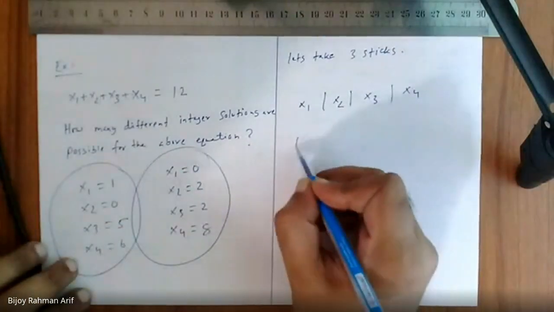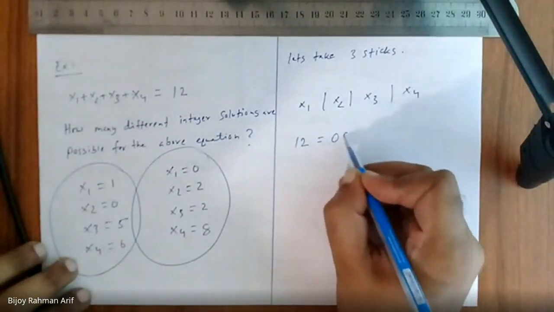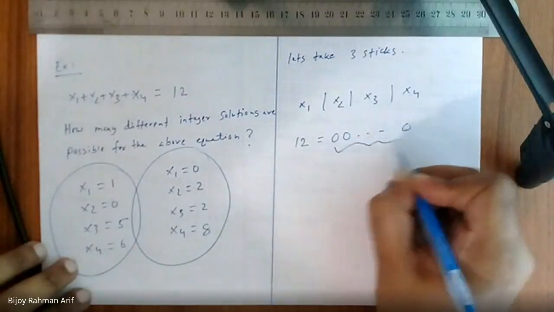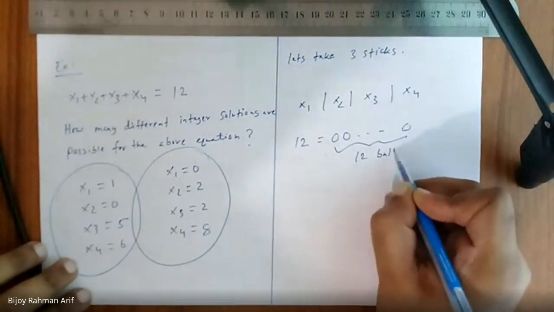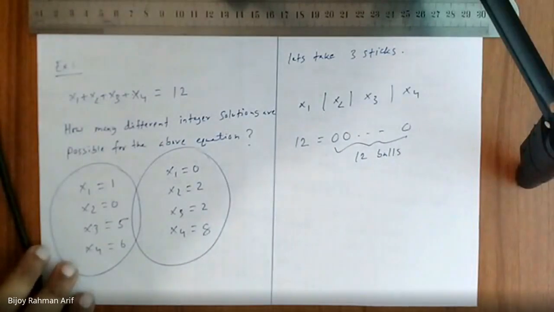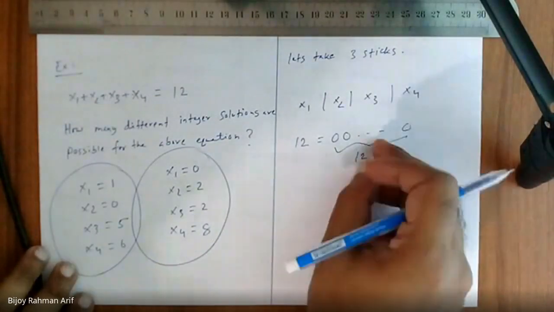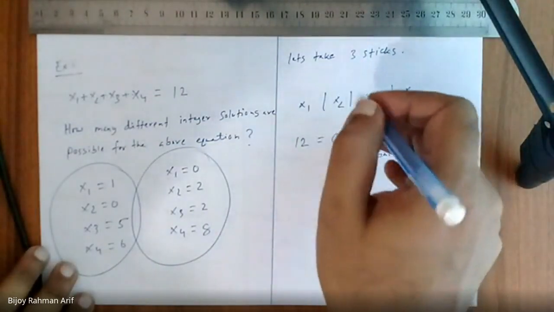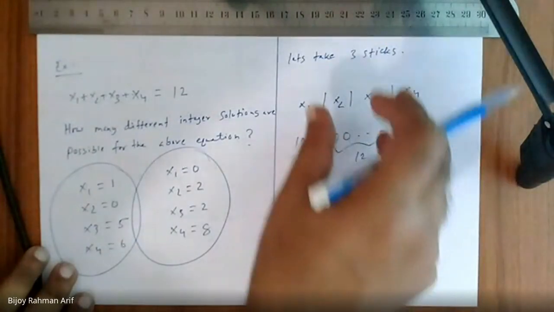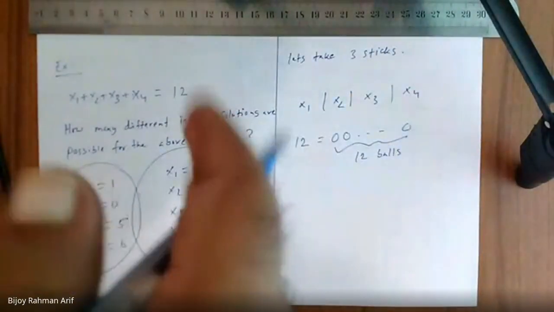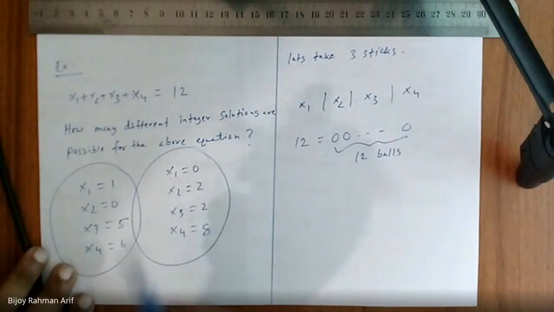Yes, sir. Okay, আর 12 আমরা ধরতে পারি কয়টা বল? 12 balls. Good. তাহলে the number of different ways we can put these 12 balls in these empty spaces, that is actually each solution.